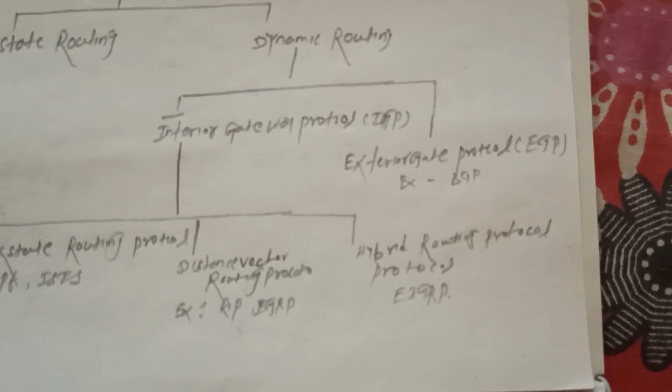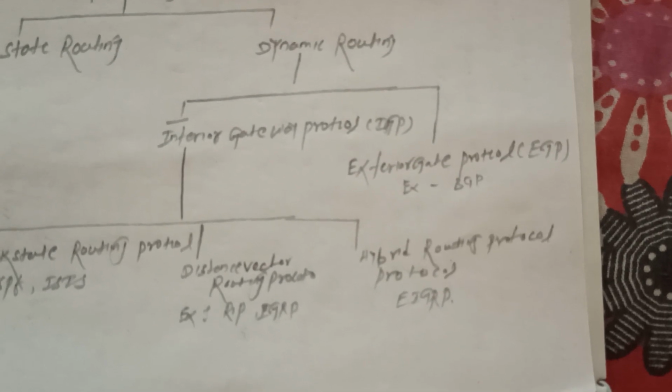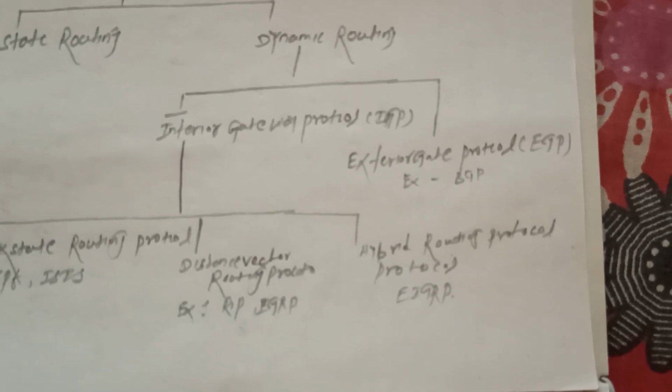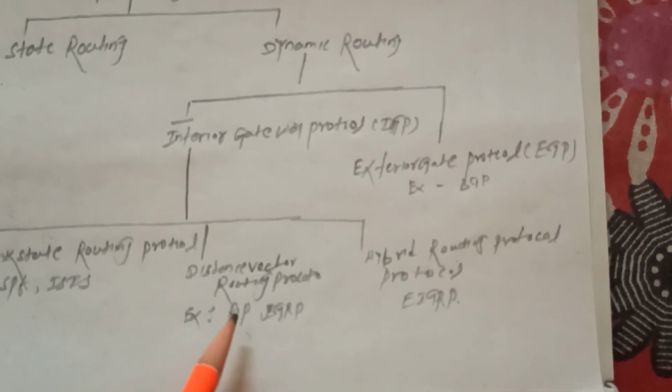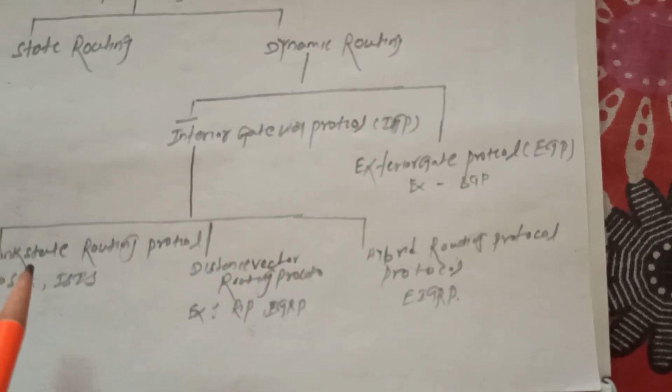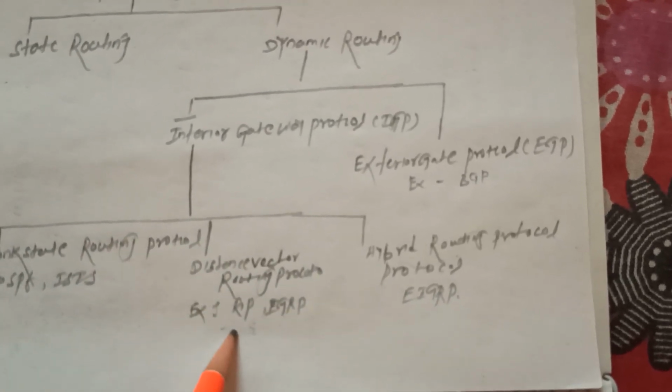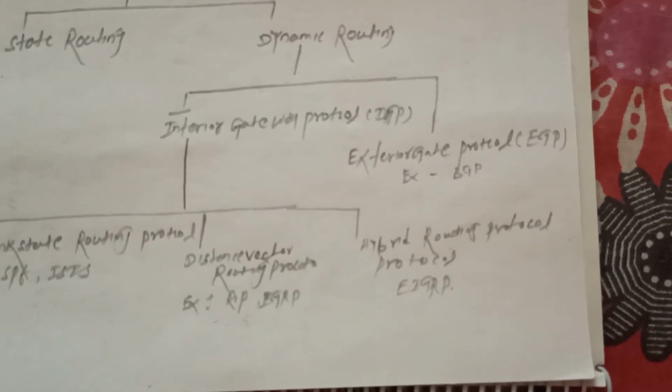The main metric used is distance. It has slow convergence compared to link state routing protocols. Examples of this routing protocol are RIP and IGRP.